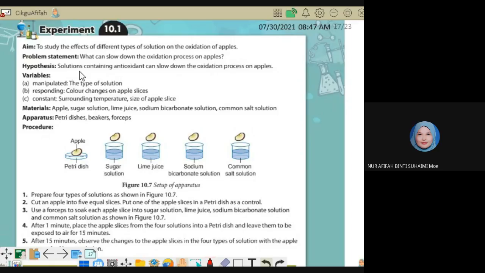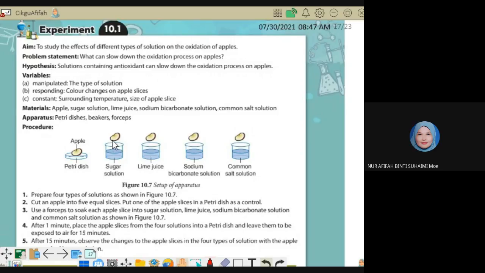Hypothesis: solutions containing antioxidant can slow down the oxidation process on apple. This is our hypothesis. Larutan yang mengandungi antioksidan boleh memperlahankan proses oxidation, proses pengoksidaan ke atas apple. So kita buat eksperimen. Betul tak hipotesis ni?